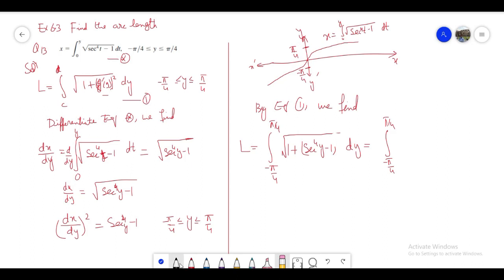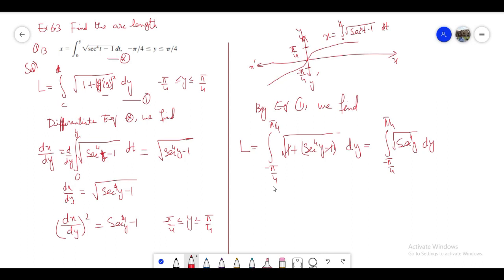If I write it directly, this minus 1 and this plus 1 go away. So this is secant raised to power 4 y, root, dy.